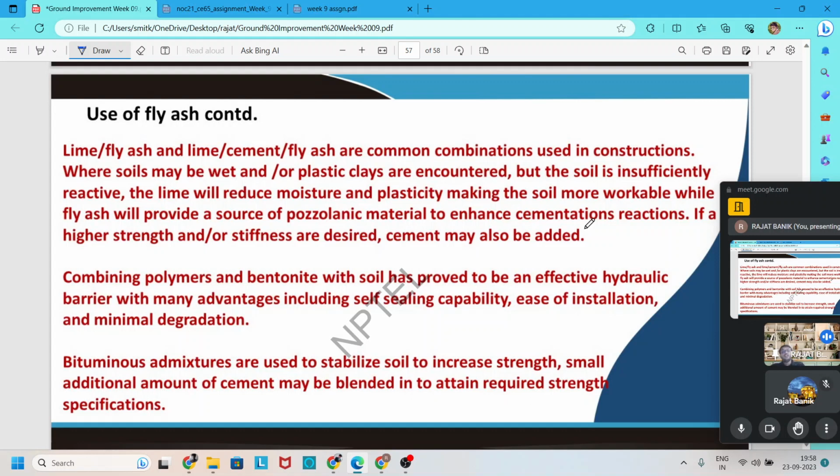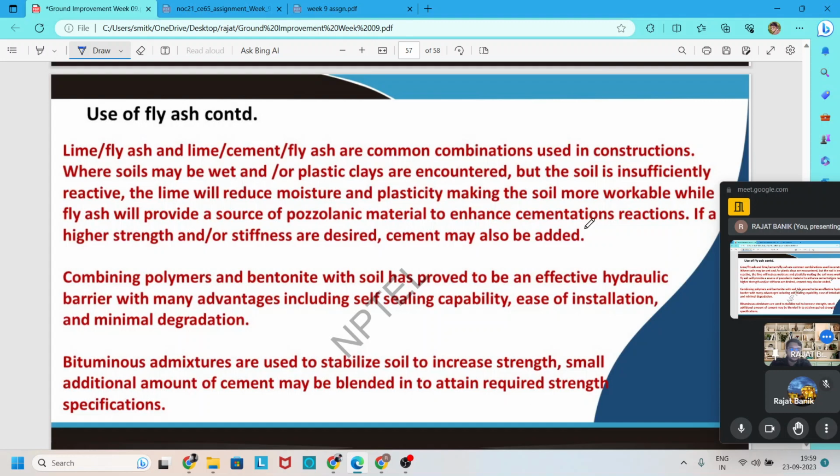Bituminous admixtures are used to stabilize soil to increase the strength. A small additional amount of cement may be blended to attain the required strength specification. So, this way, we improve our ground through chemical stabilization.